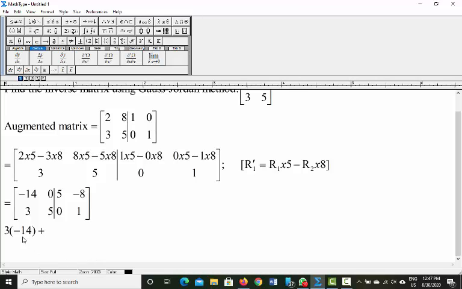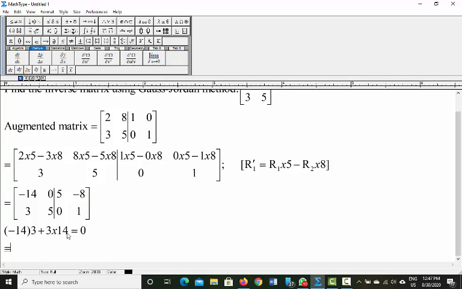We can multiply this minus 14 with this 3, and then multiply 3 with 14, so 3 multiplied by 14 minus 3 multiplied by 14 gives 0.